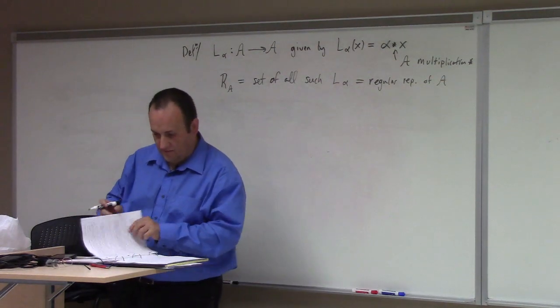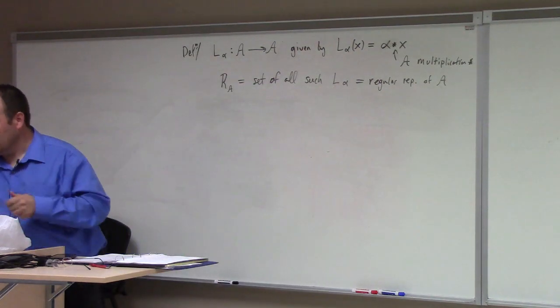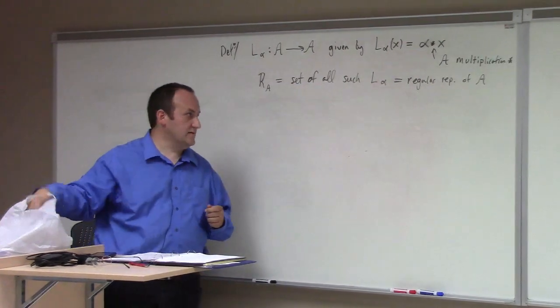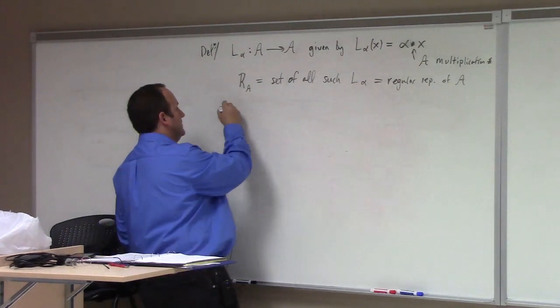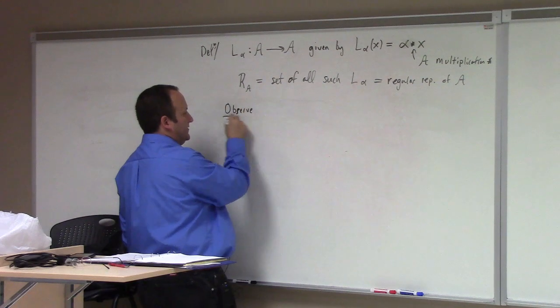As I discussed in the notes, if the mapping is in the regular representation, it follows that it's right linear. So observe, you go through that calculation right quick.